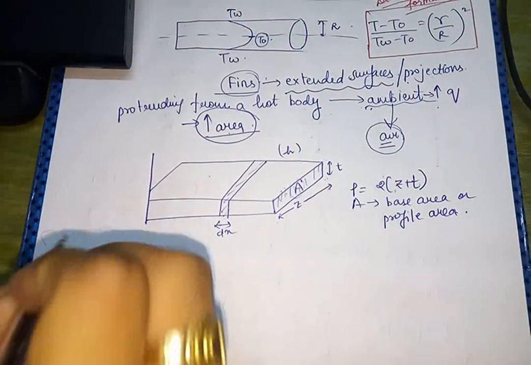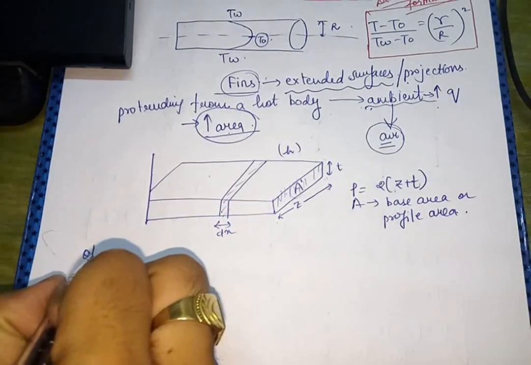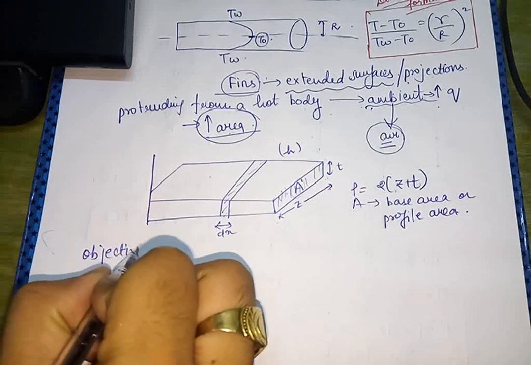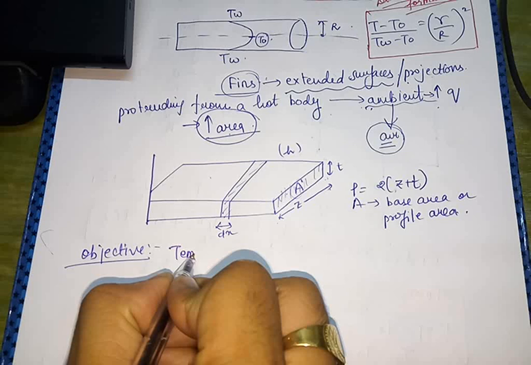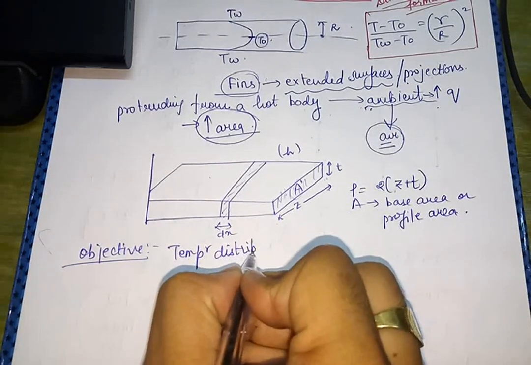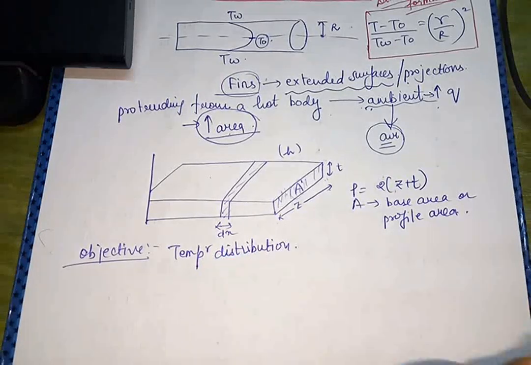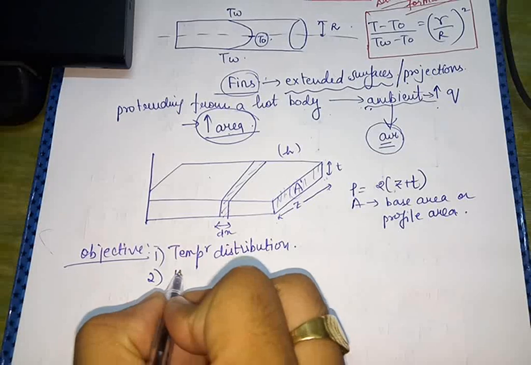Now let us quickly write down the objectives and the assumptions. Objectives. What is the objective for studying fins? That is to get the temperature distribution. First is temperature distribution, second is heat transfer rate.